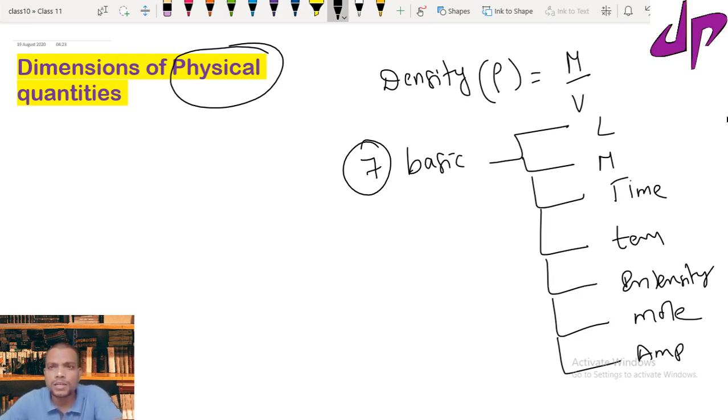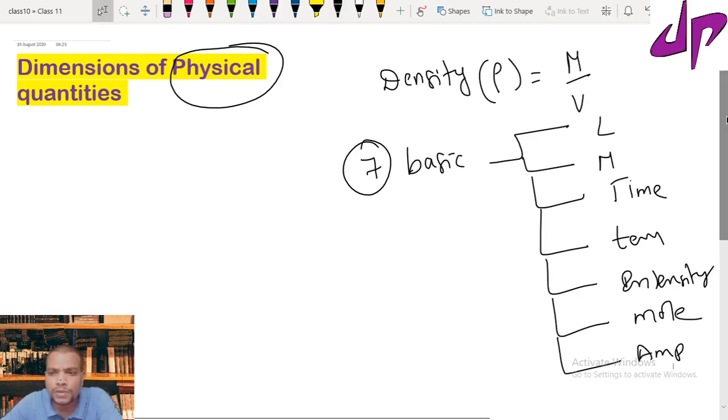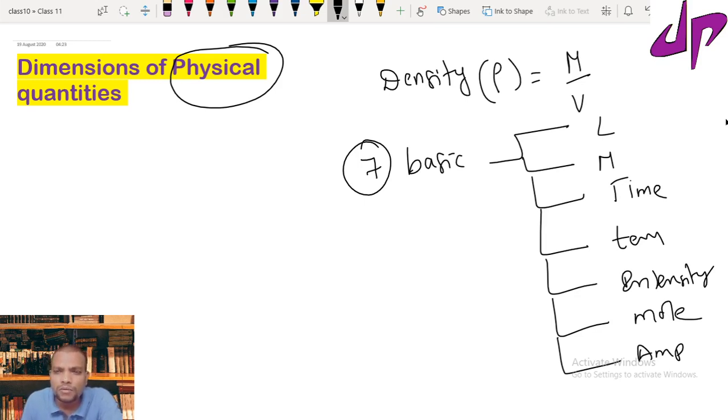So these are the seven basic physical quantities. If you are able to represent any physical quantity in terms of these seven basic physical quantities, then that is a derived physical quantity.